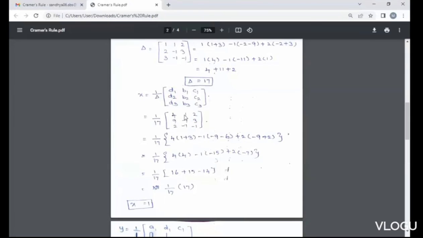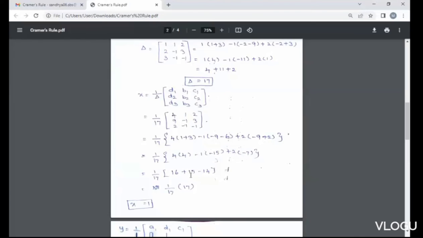Second element is a negative element, so minus 1 times of that 1 is there in first row, second column, so leave these things. 9 into minus 1 is minus 9, 3 into 2 is 6, minus is there in the formula, and plus 2 times of 9 into minus 1 minus 9, 2 into minus 1 minus 2, but minus into minus plus. So 4 into 4 minus 1 times of minus 15 plus 2 times of minus 7.